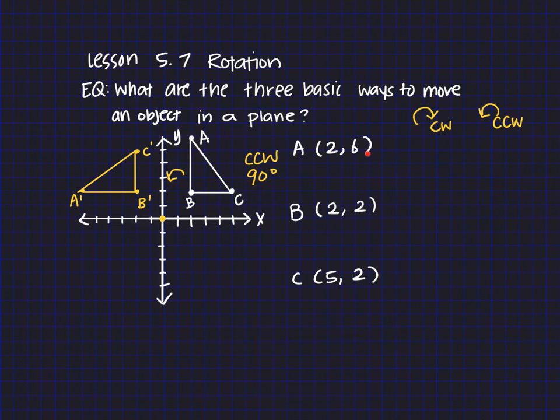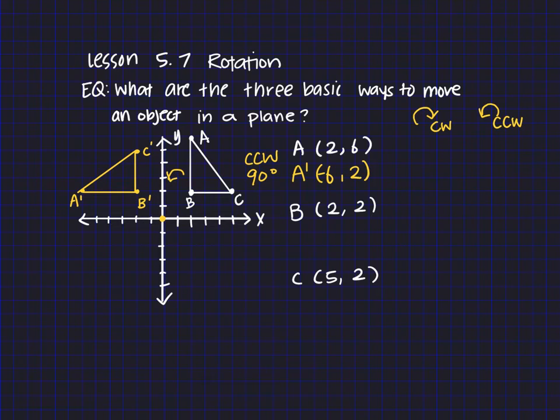I have the A's already here, but let's see how it changed from the original to our image. So my A is going to be 1, 2, 3, 4, 5, 6, 2. So I'm going to write 6, 2 for A prime. And it's going to be a -6, right? Because I went to the left.